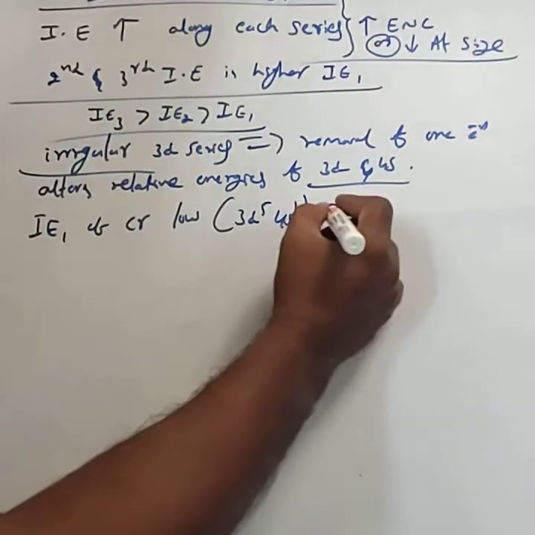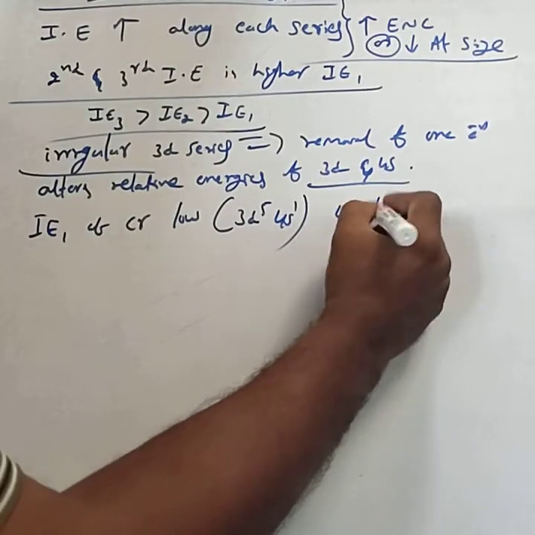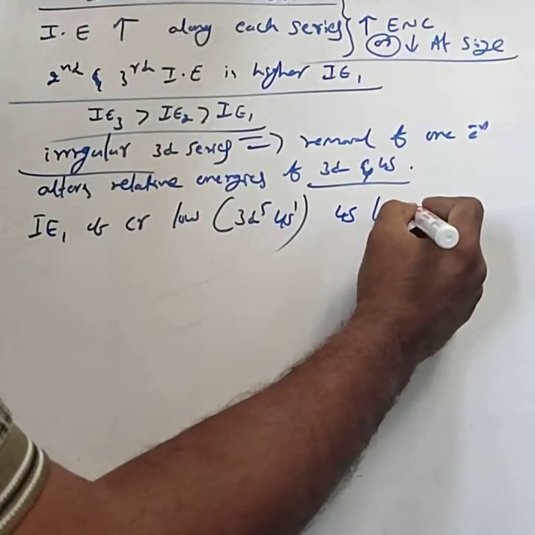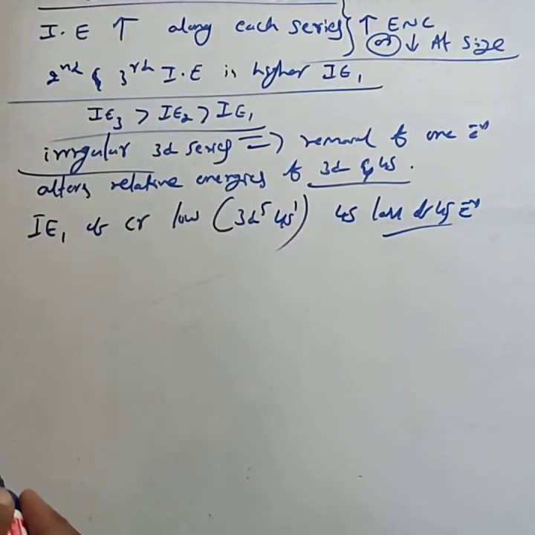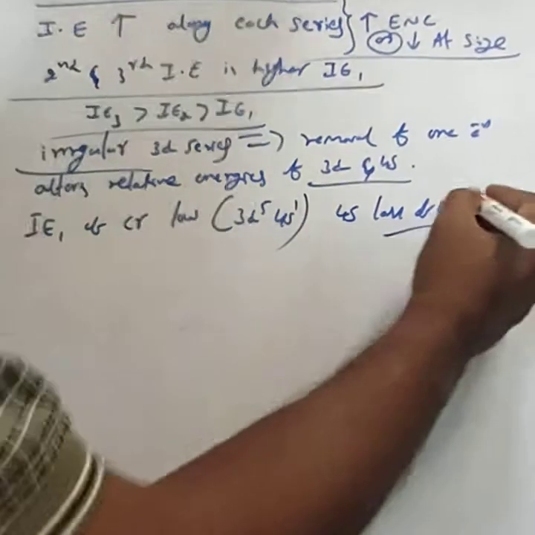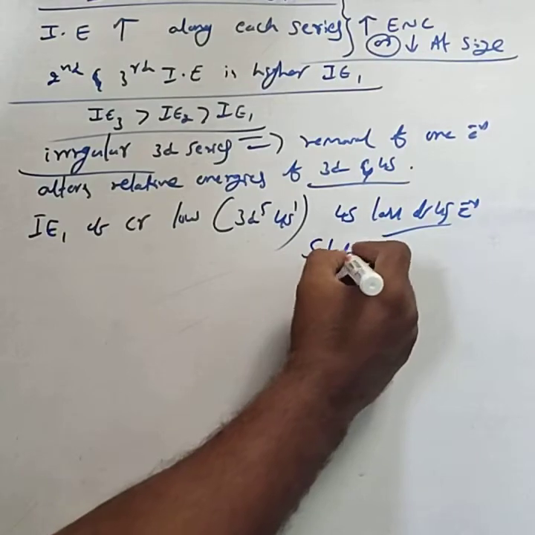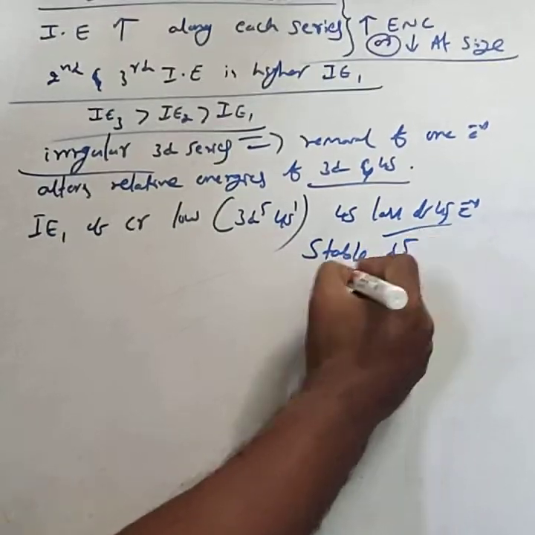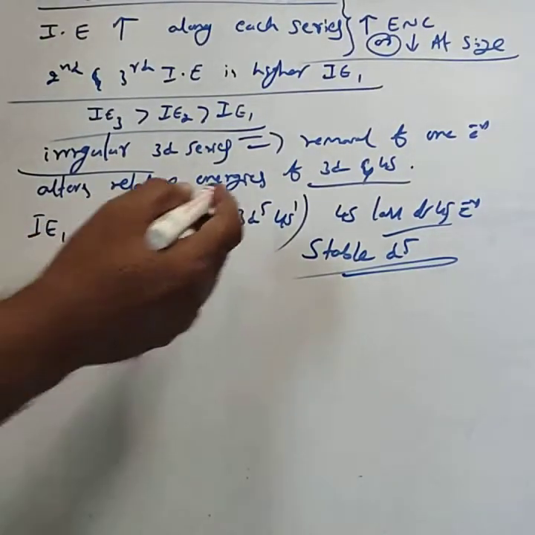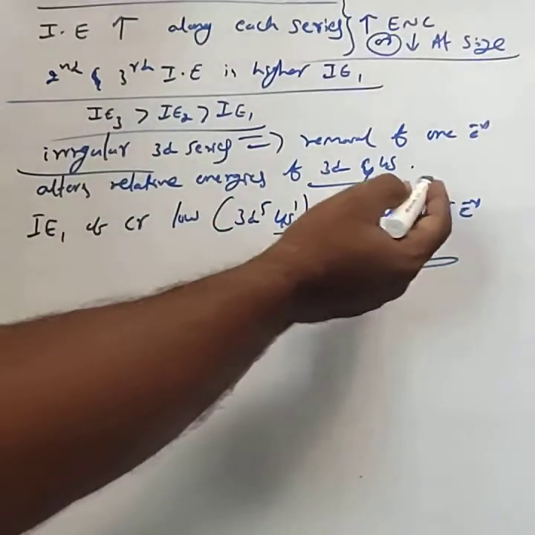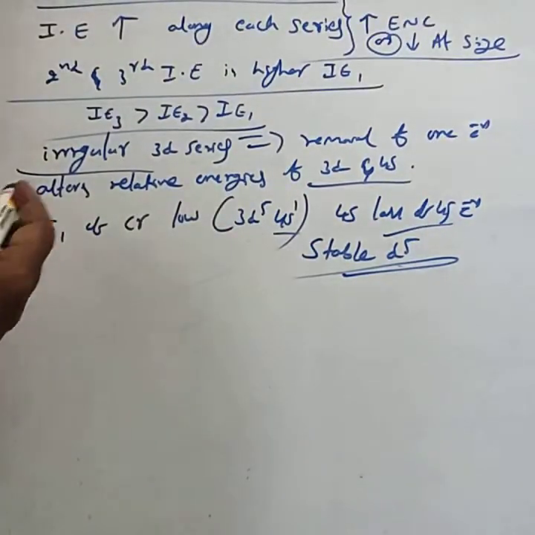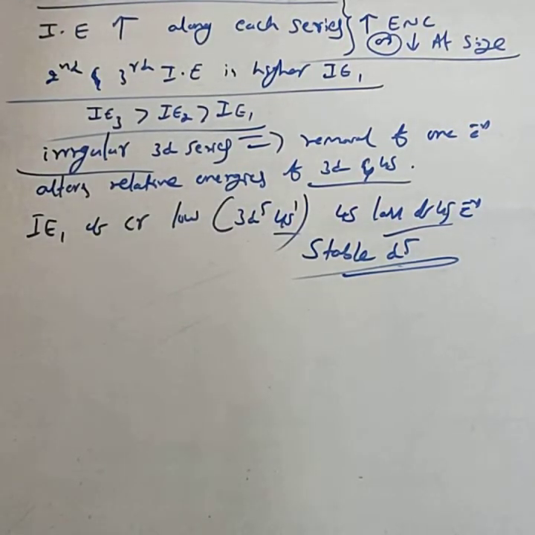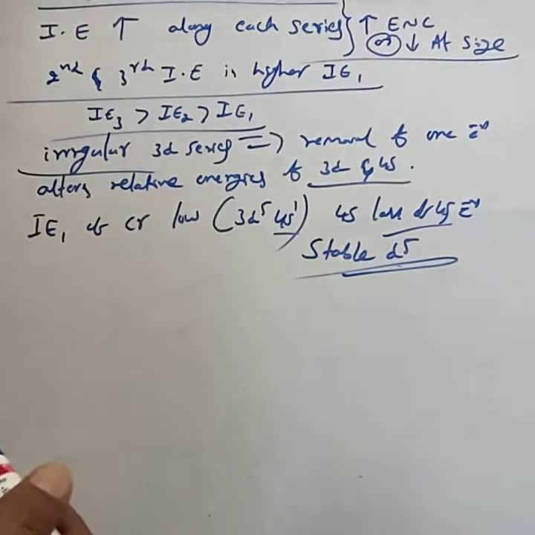By the loss of this 4s electron, chromium attains the stable d5 configuration. Hence IE1 for chromium is very low. It does not change the d5 configuration.